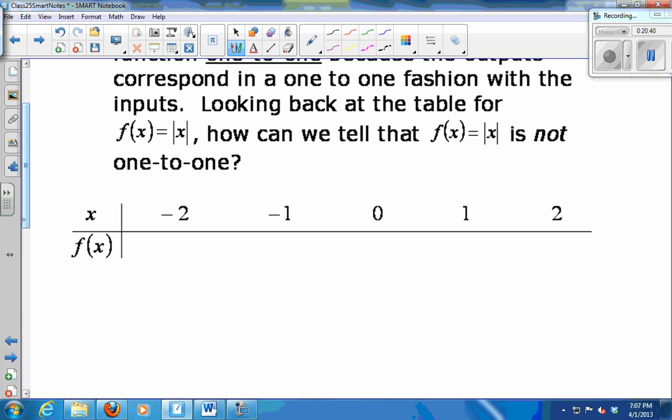So when I look at the absolute value function, here's my problem. It is a function because each input has exactly one output, but it's not one-to-one because I have one output that came from two different inputs.